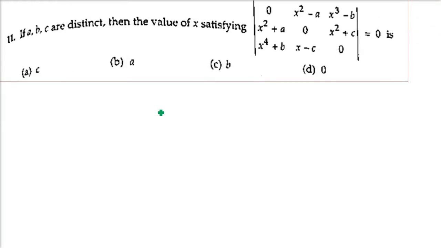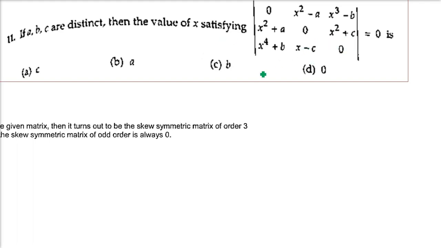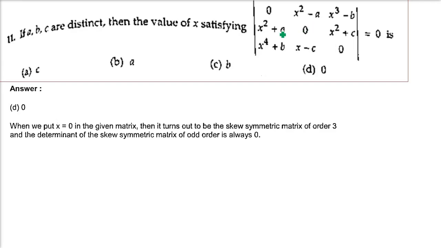If A, B, C are distinct, then the value of x satisfying this is equal to 0. So now you see, if you put x equals 0, the determinant is going to be skew symmetric. I am putting x as 0.